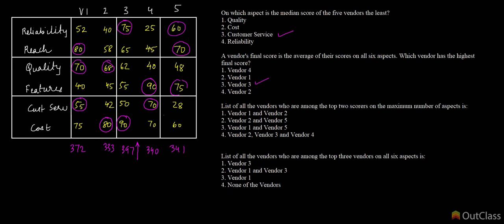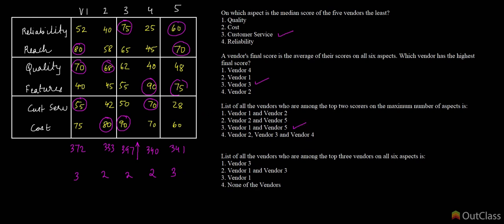So you'll notice that vendor 1 has 3 aspects, vendors 2, 3, 4 have 2 aspects each, and vendor 5 also has 3 aspects. The highest number is for vendor 1 and vendor 5.